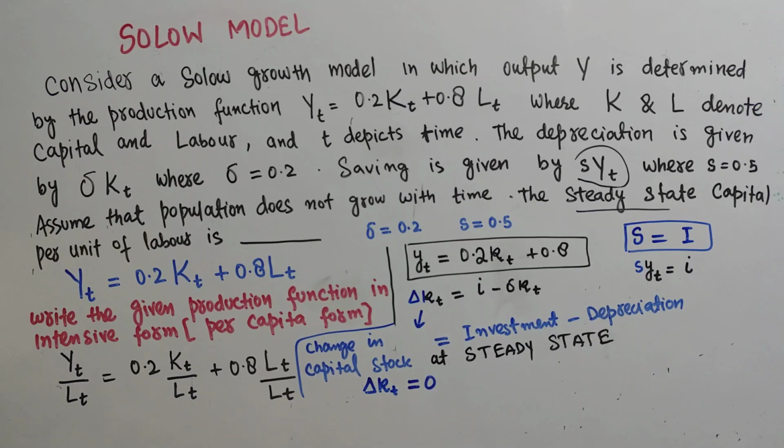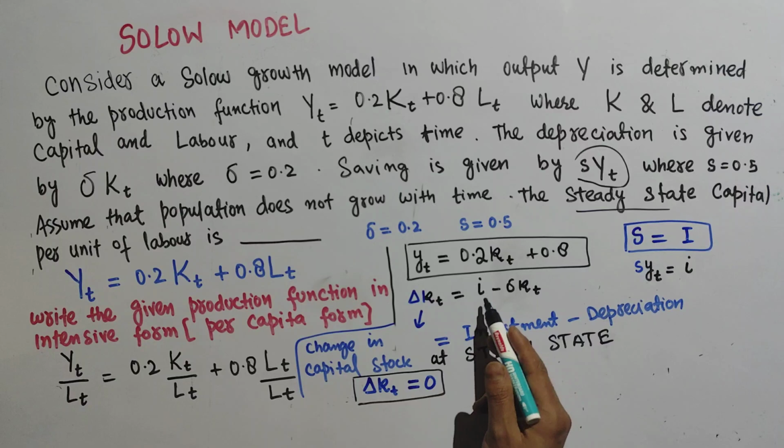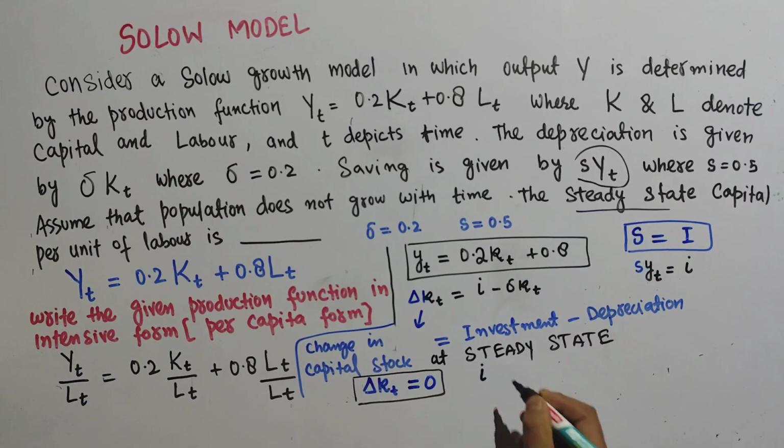It simply tells us investment is just enough to cover the depreciation at steady state. Whatever we are investing is used to cover the depreciation, so the change in capital stock is 0 at steady state. So if delta k_t is equal to 0 in this equation, then investment per worker is equal to delta times k_t.